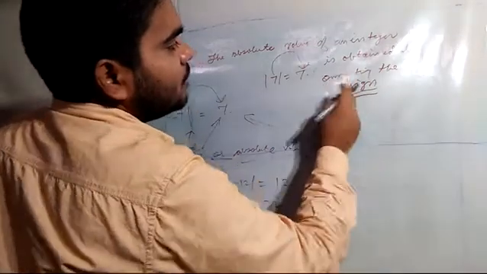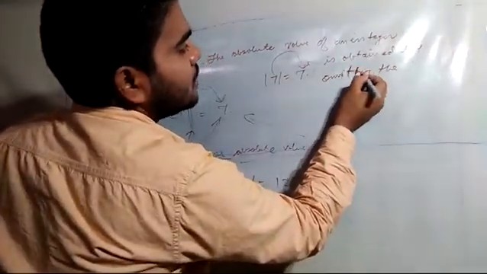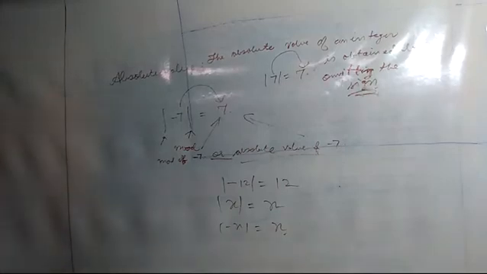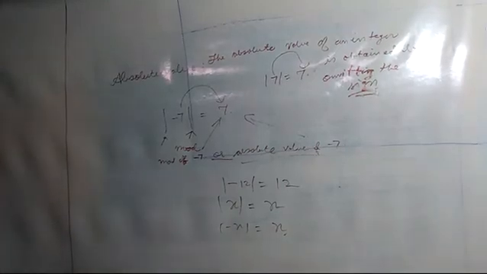Double M, not single M, OMITTING. Okay, omitting. So this is the meaning of absolute value.